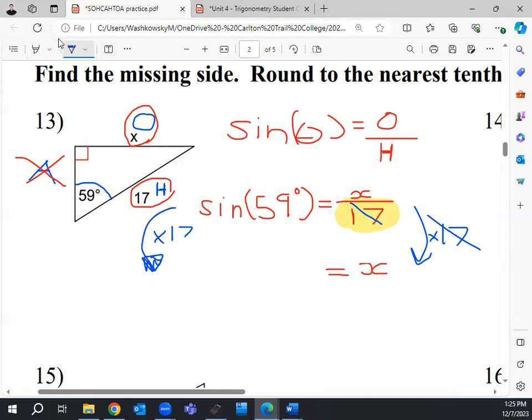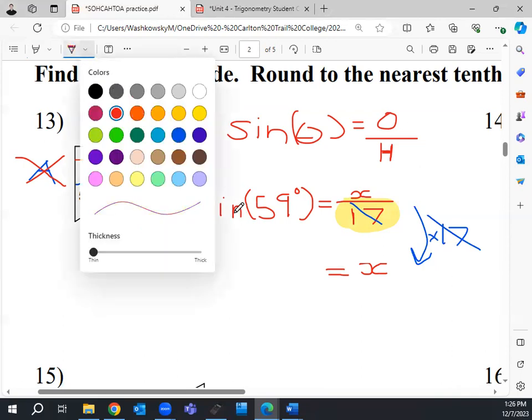And now what do I have on this left side here? I'm going to have 1 second. Yeah, so what did I have on this left side? I'll use red here.